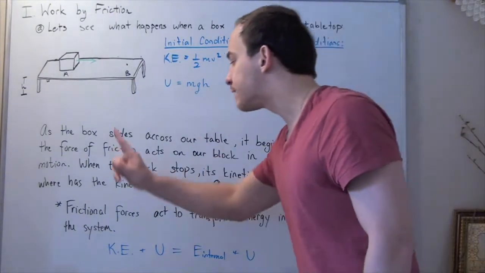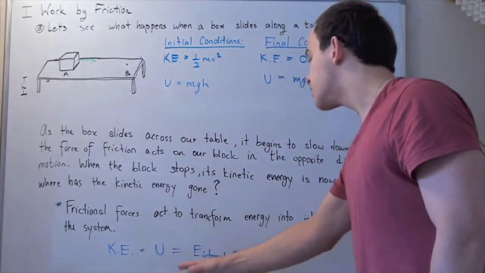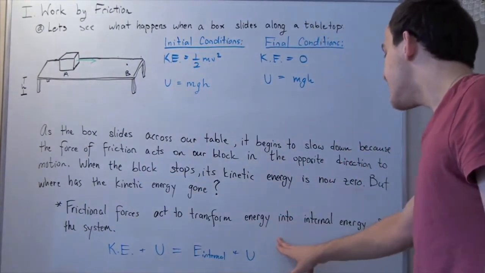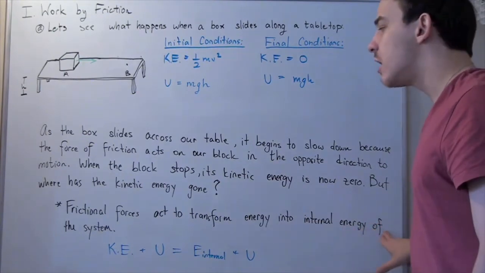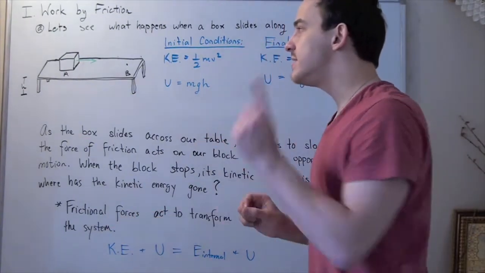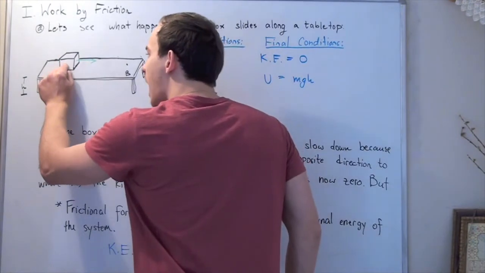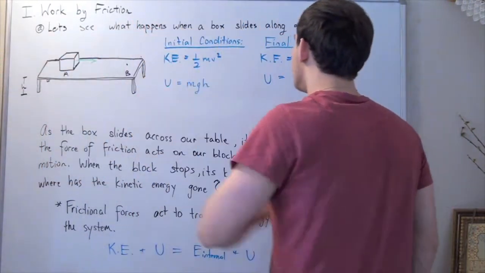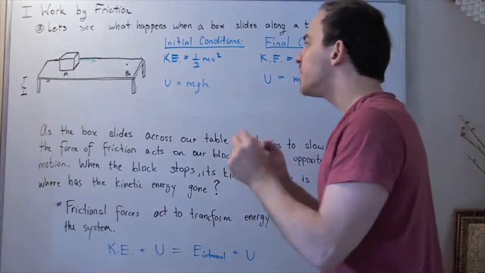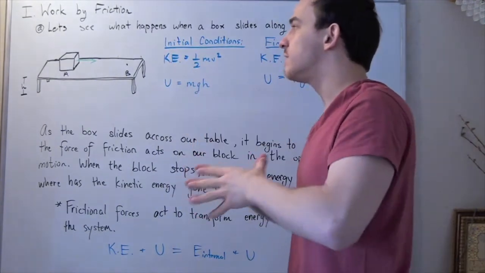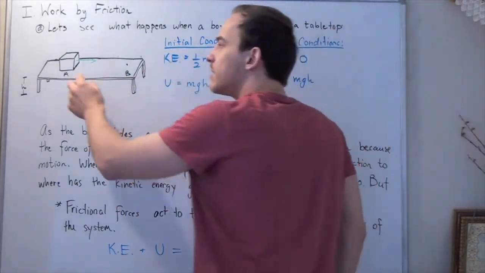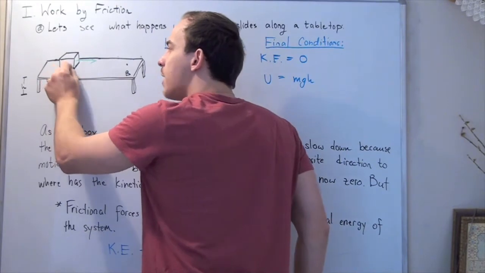Well, recall that frictional forces act to transform energy into internal energy of our system. Since our system is this block moving along this tabletop, all the kinetic energy must have gone into increasing the internal energy of this box.